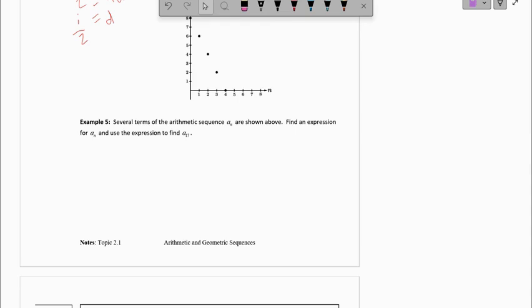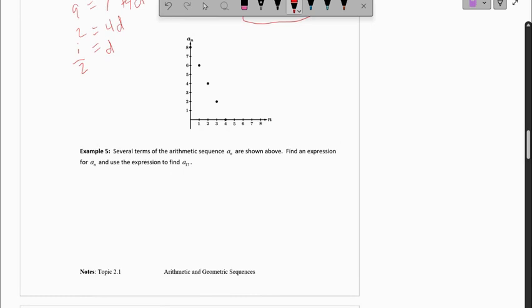All right, last one here is this same idea as what we've just been doing with examples 3 and 4, but this time instead of given specific points written out, we are given the points in the graph. So again, a few different ways of doing this. You could think of them as coordinate points and do the work the exact same as what we were doing up above. So like 1, 6, 2, 4, 3, 2.